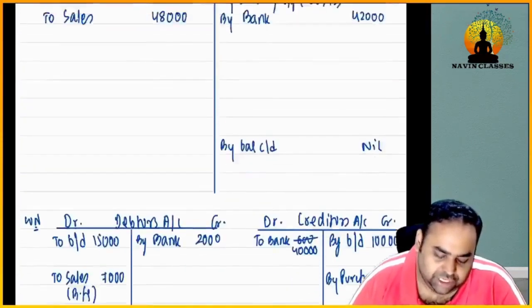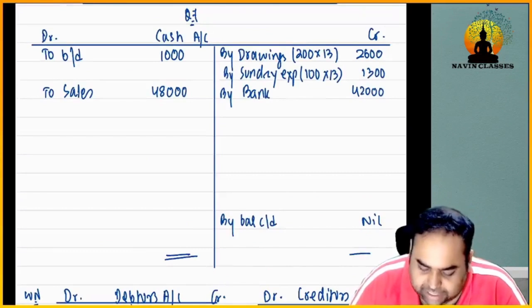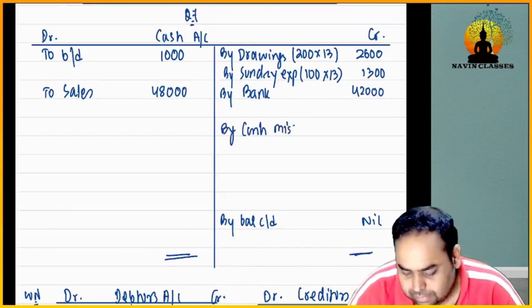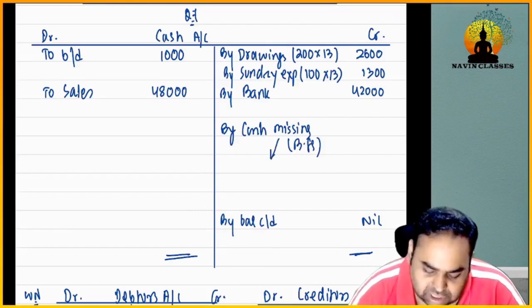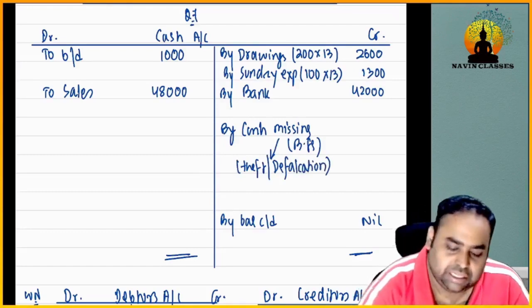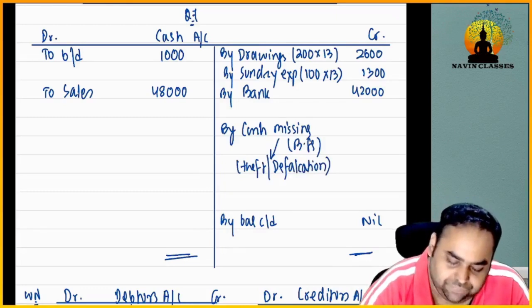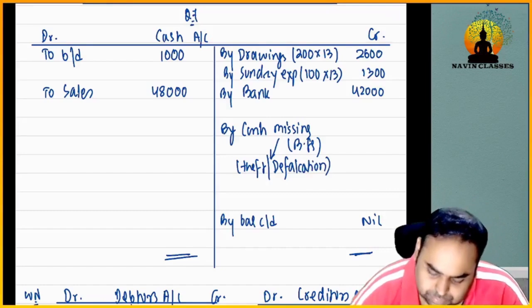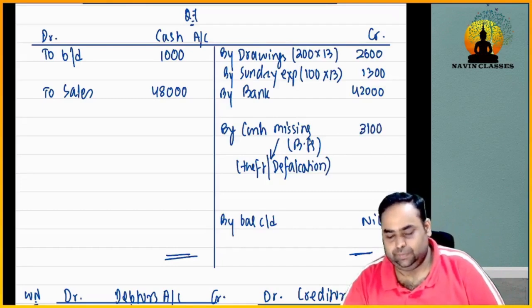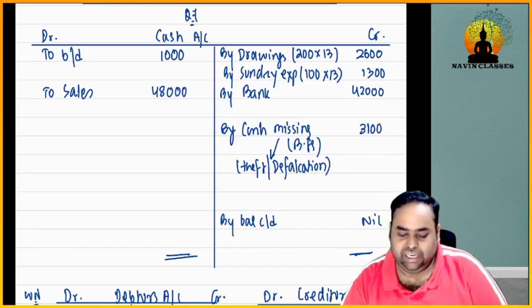Now here you can see we got 48,000. So with this we can get cash missing here. By cash missing, you can also call this cash theft. You can also call it cash defalcation. 3,100.